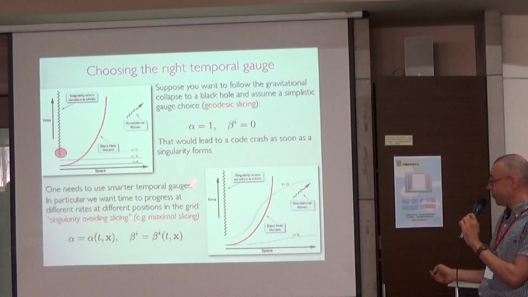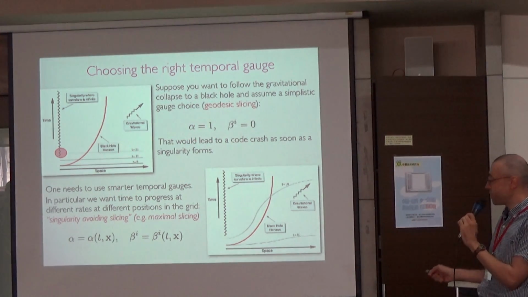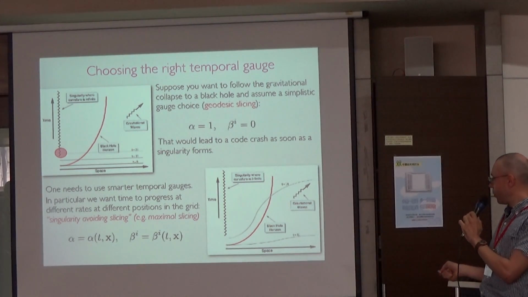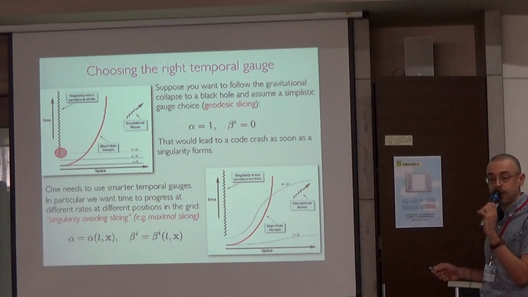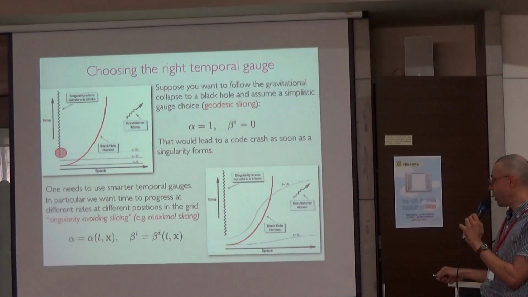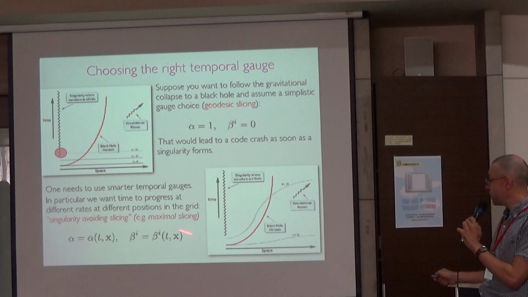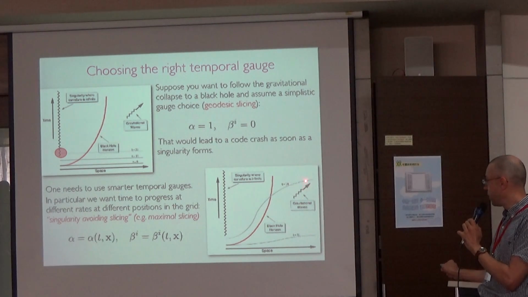We can be more clever with the choice of gauges. We can do something like this graph, where again, these black lines that you can probably barely see, I'm afraid, are a given time step in your algorithm, in your computer code. Okay? So you see that they are no longer straight lines. They are bent. And they are bent in a way to allow the time to flow with some speed when you're far from the singularity.